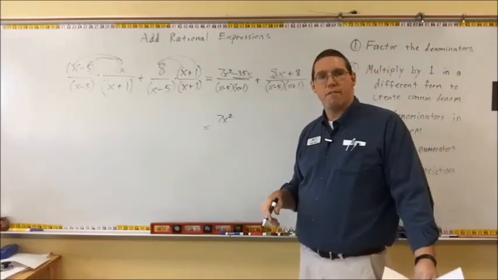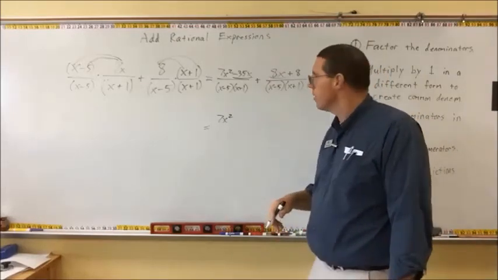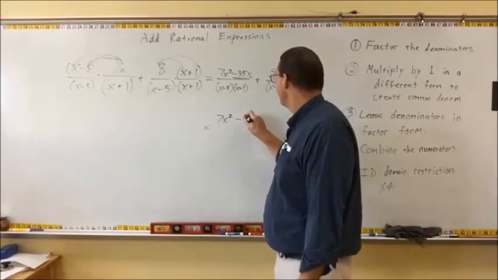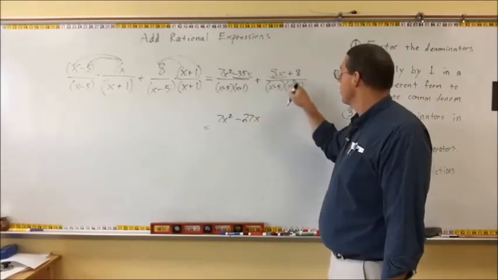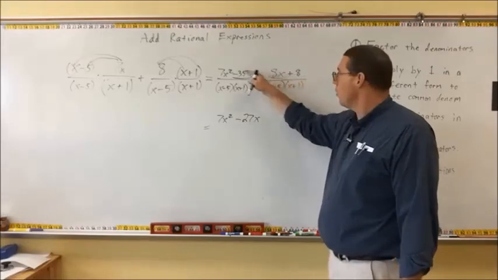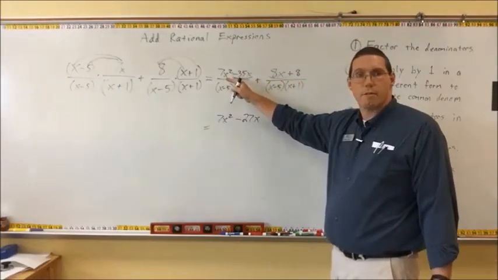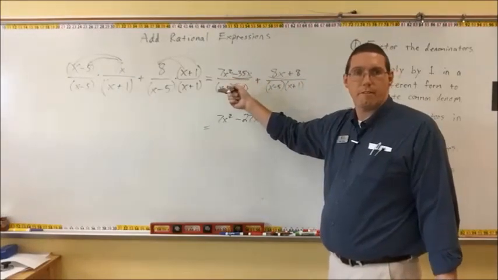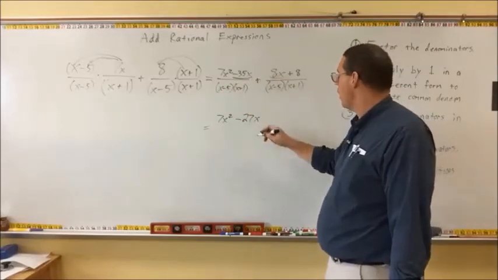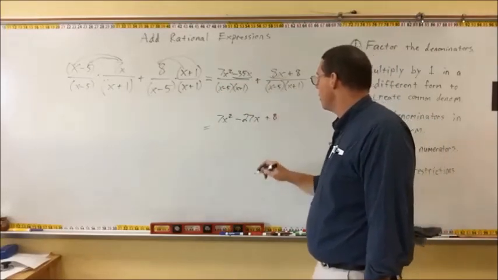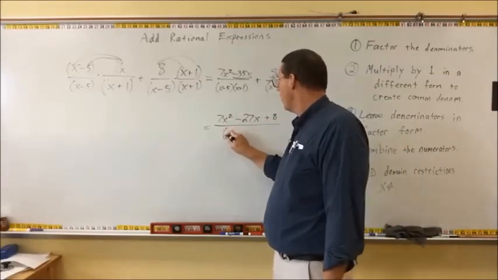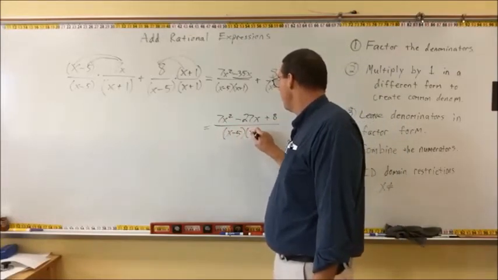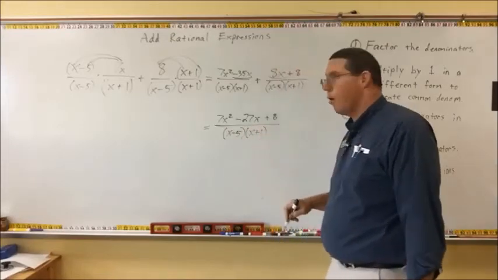Well, negative 35x plus 8x is going to be negative 27x. Okay? And lastly, see this plus 8? There are no other constants. That's what we call a number that doesn't have a variable, a constant. There aren't any other constants, so we just bring down the plus 8, draw our fraction line, put the common denominator, x minus 5, x plus 1 on the bottom, and we're almost done.